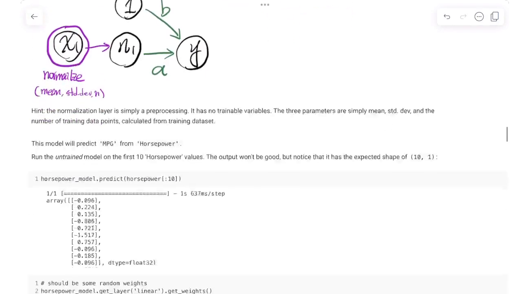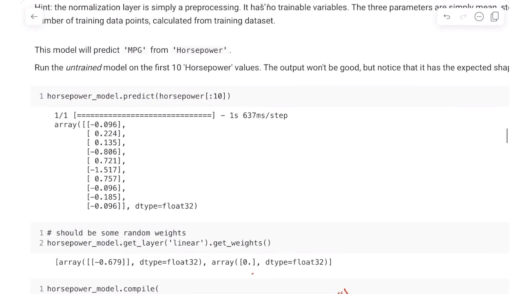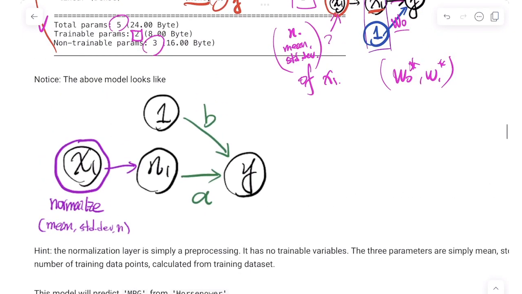Okay, so next, after we have the structure, this cell means we simply select 10 data points and feed those 10 data points into our model.